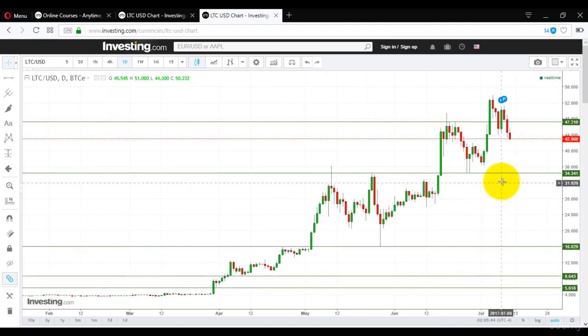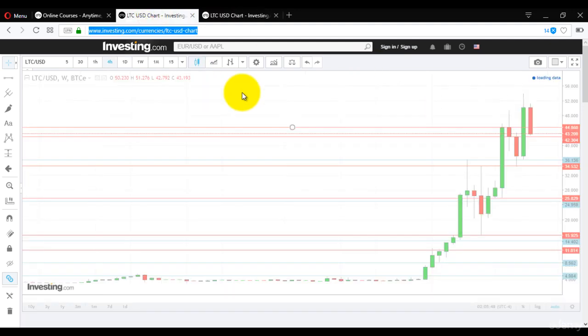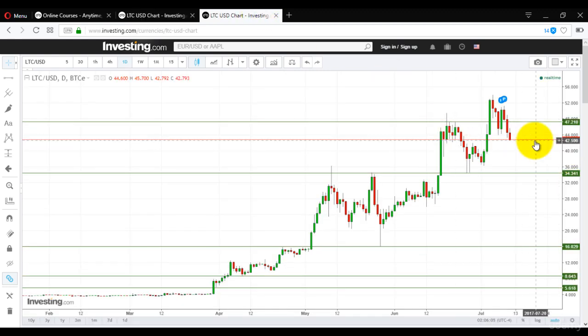In the same way, the major support is right here at 34.34. If we move to our monthly chart, this red line, 34.53, was the weekly line, and 36.136 was the monthly support line. So it tells you that if it falls, this is the real level.